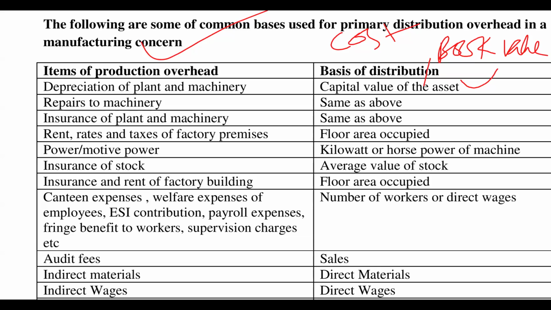Or maybe you are given something like the book value of the plant, the book value of the machinery, the book value of the factory, the book value of a non-current asset, which shall be used as a basis of apportionment for the depreciation of that particular property, plant, and equipment, or non-current asset. Is that clear?